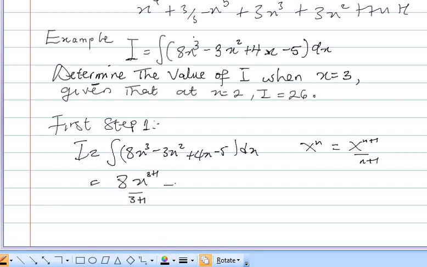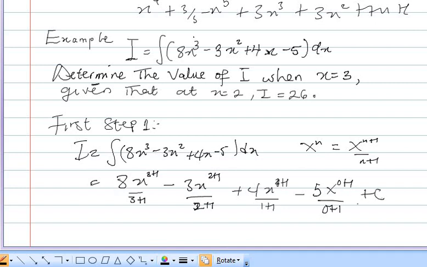Then 3x raised to the power of 2 plus 1 all over 2 plus 1, then plus 4x raised to the power of 1 plus 1 all over 1 plus 1, and the last one is minus 5. Normally you can just say minus 5x, but since we are showing it, it's 0 plus 1 all over 0 plus 1, and then plus c. Don't forget to include c.